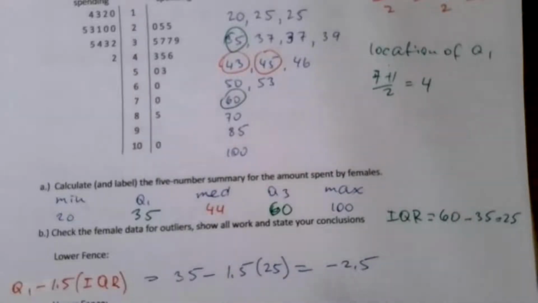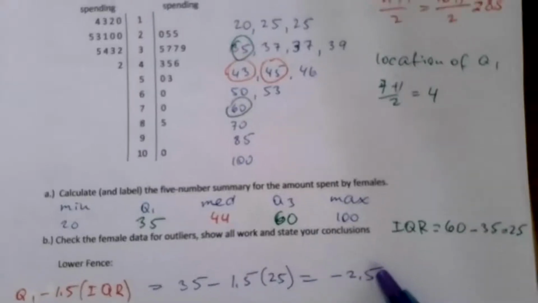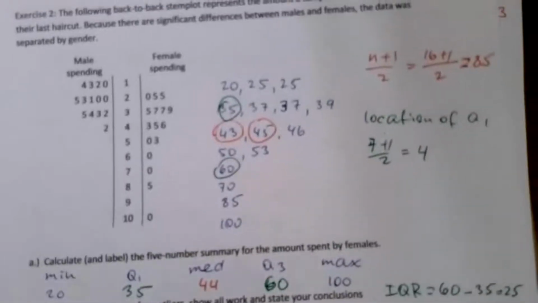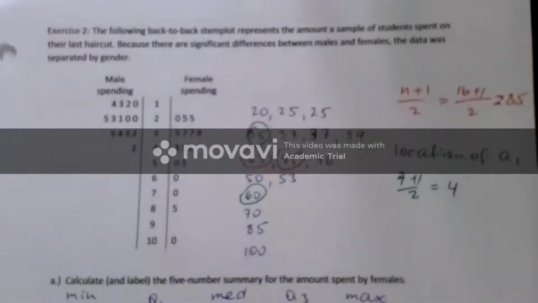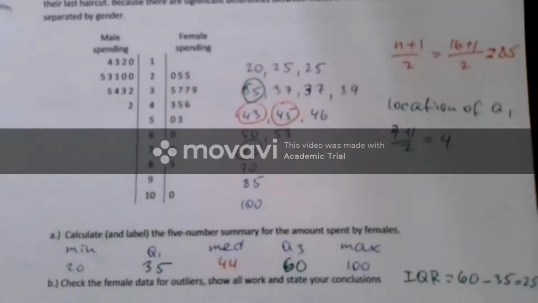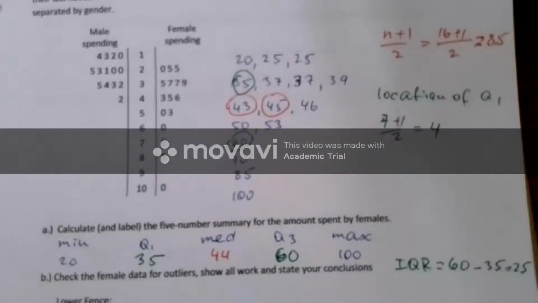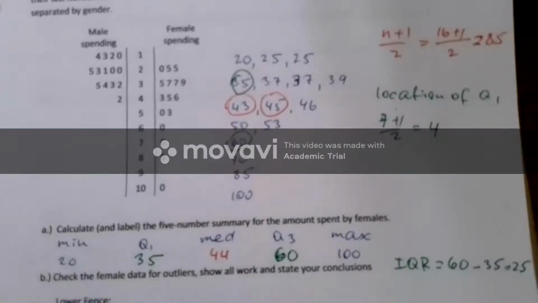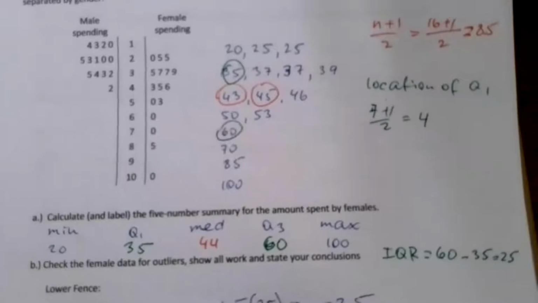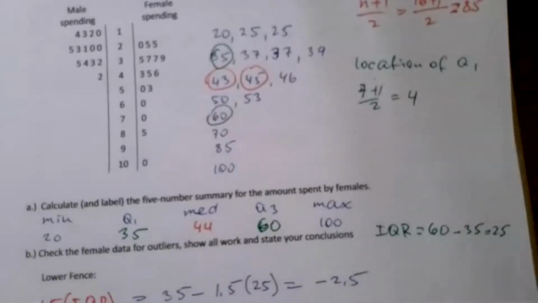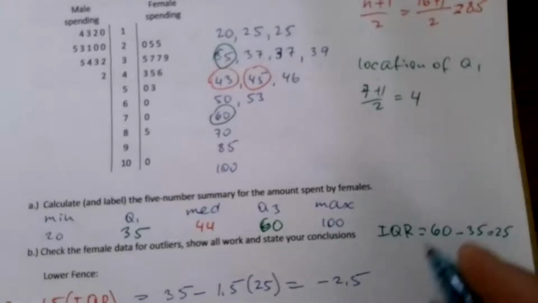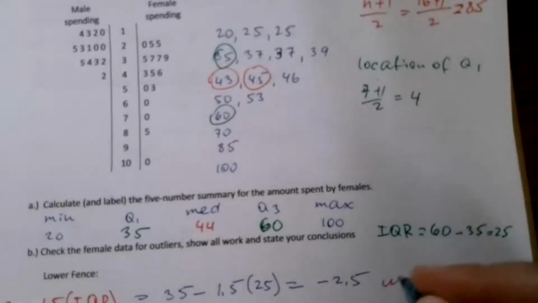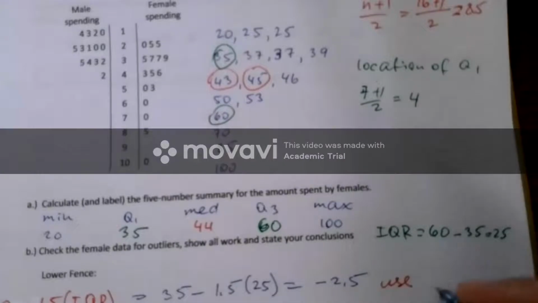That's how long it would go if we had more data values on the left side. But look, we don't have any value that's negative. So for this one, we're going to use the actual minimum instead. So when you're plotting the box plot, you're going to use the minimum instead, 20.